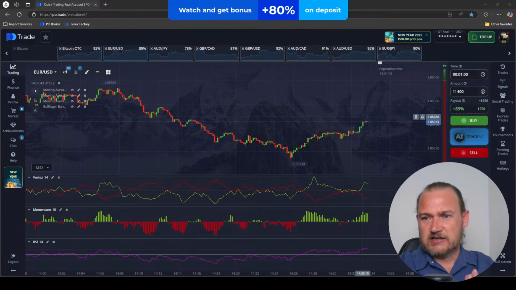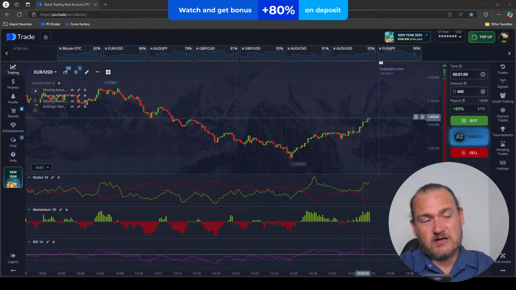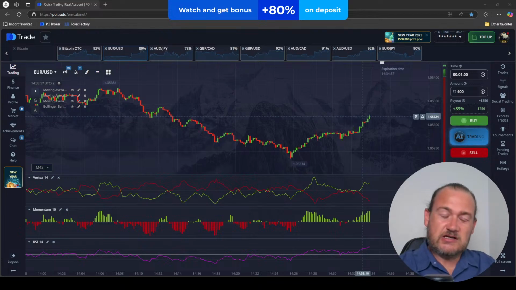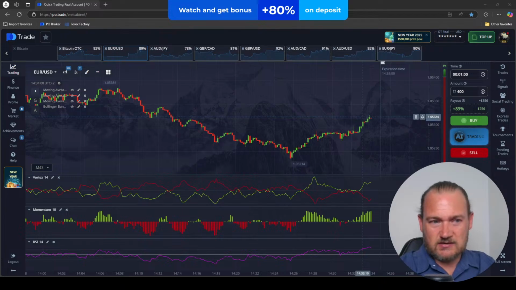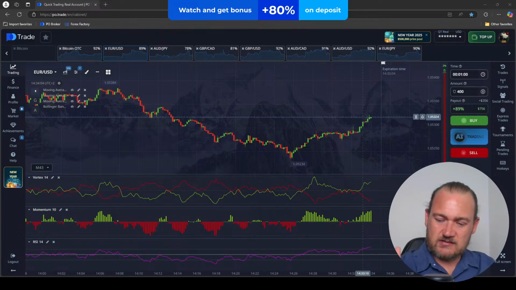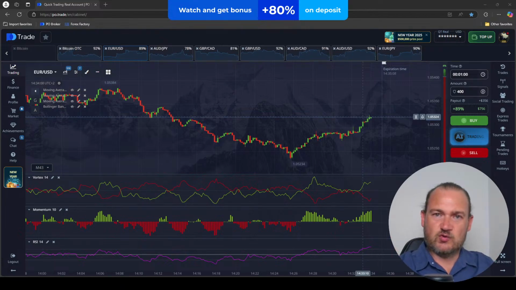Right. So when I started trading, which was quite a long time ago, I've been trading for about 25 years now, in the early days a guy told me once, not trading is part of trading. And it took me a while to understand what he meant. But sometimes it's best to just take your hand off the mouse and the keyboard, sit back and wait for the market to normalize.